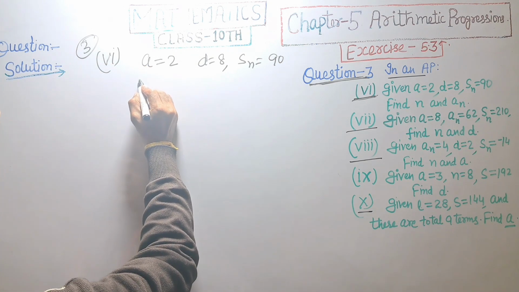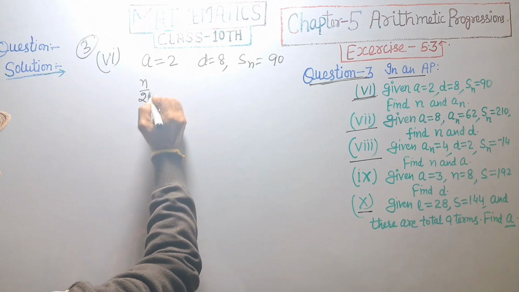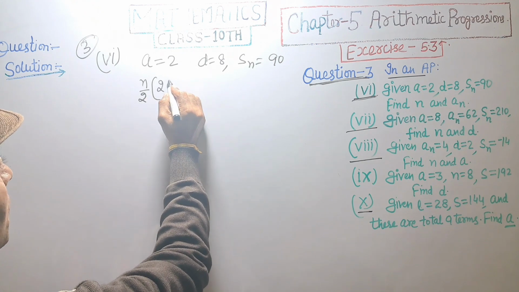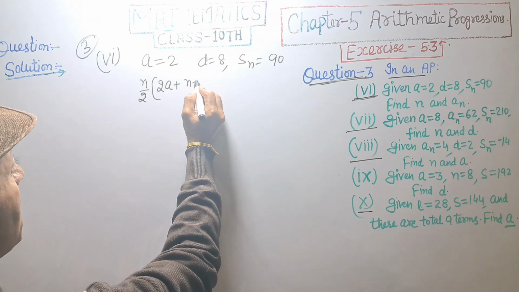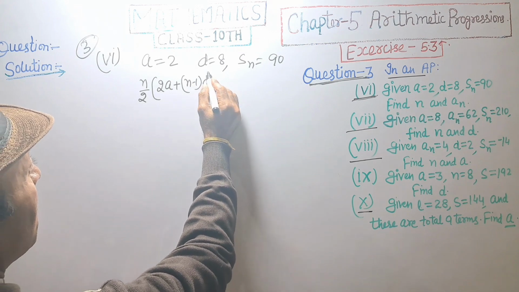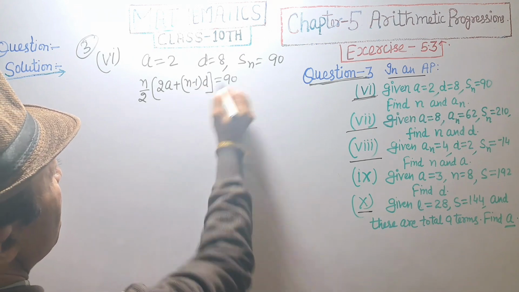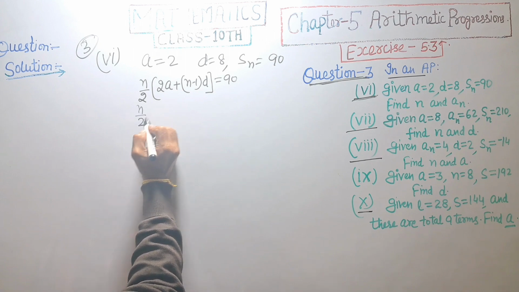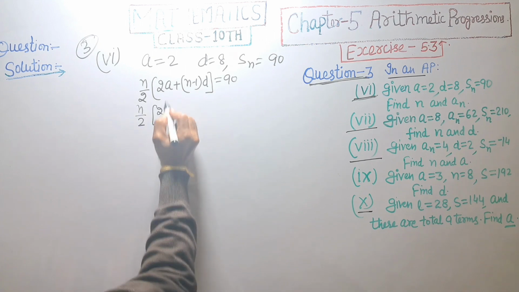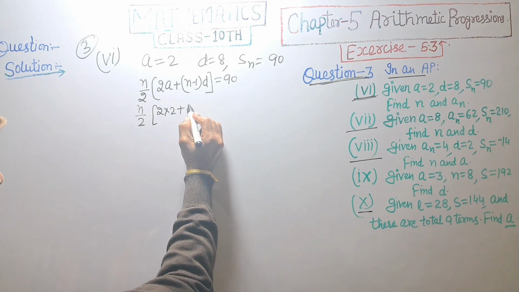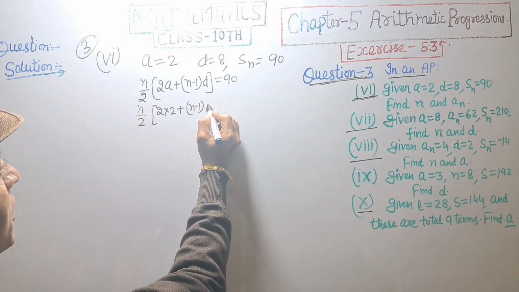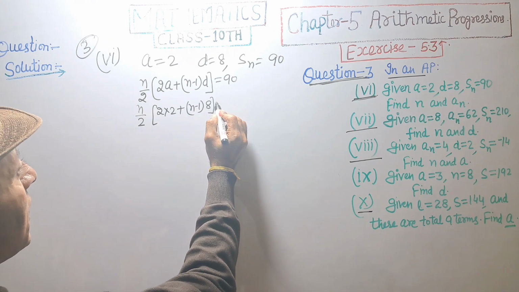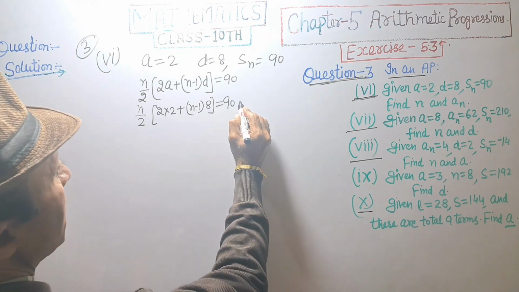Sn is equal to n upon 2, (2a plus (n minus 1) into d) is equal to 90. So n upon 2, (2 into a is 2, plus (n minus 1) into d is 8) is equal to 90.